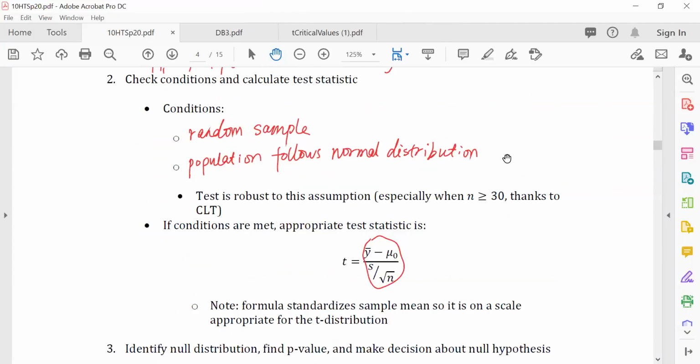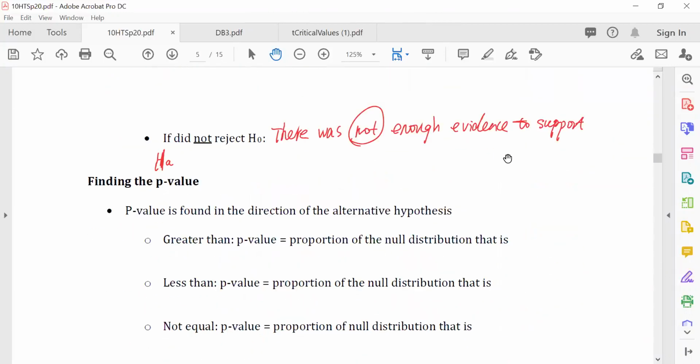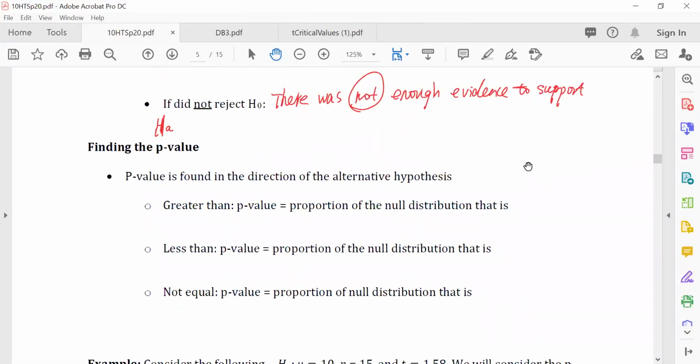Now, if your alternative hypothesis is a greater than sign, the p-value is the proportion of the null distribution that is greater than your test statistic.